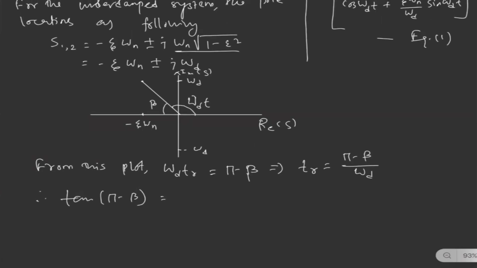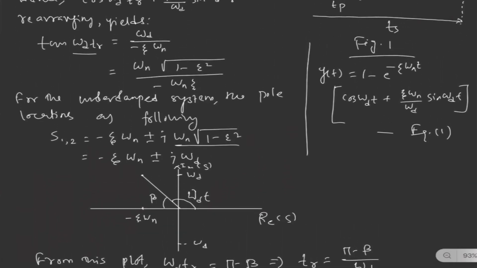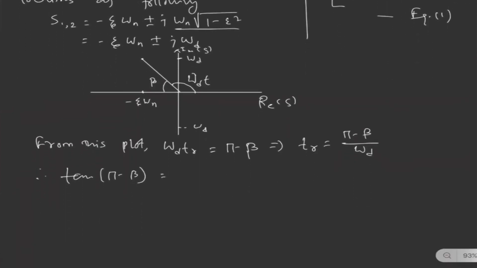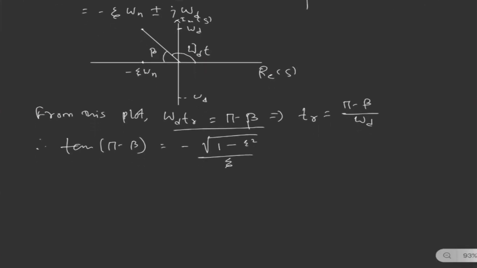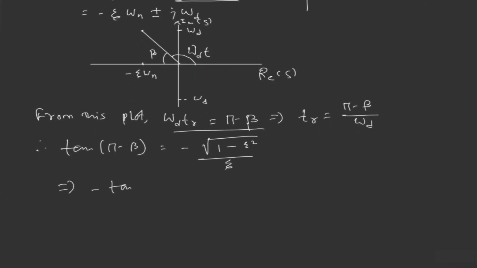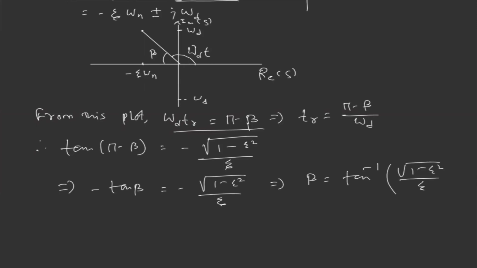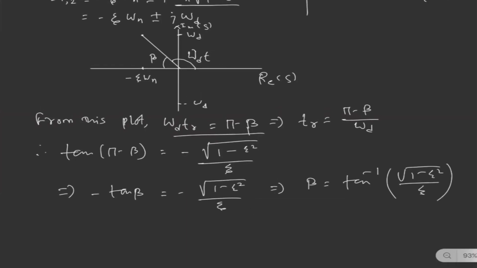Because already we have omega d equal to this expression, from this expression and this expression, we can write tan beta equal to root over 1 minus zeta squared divided by zeta. And from this we can write beta equal to tan inverse of root over 1 minus zeta squared by zeta. So this is the expression for beta.